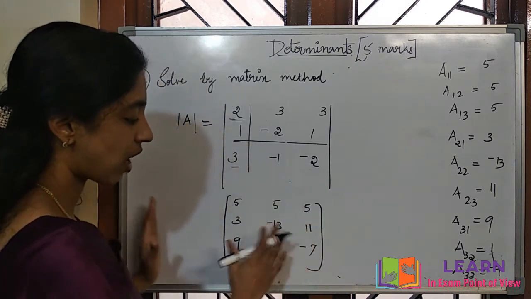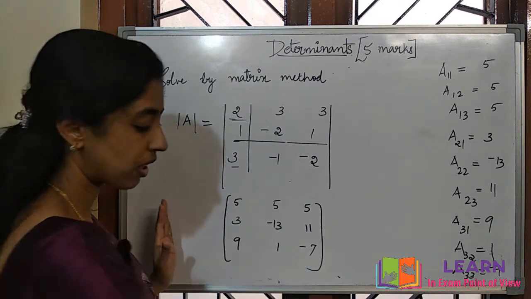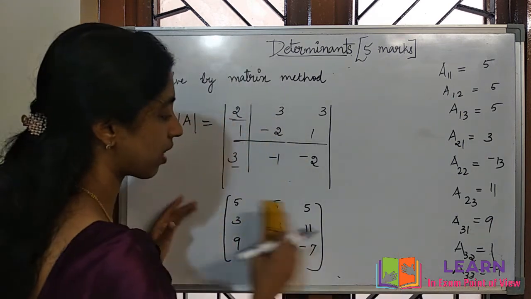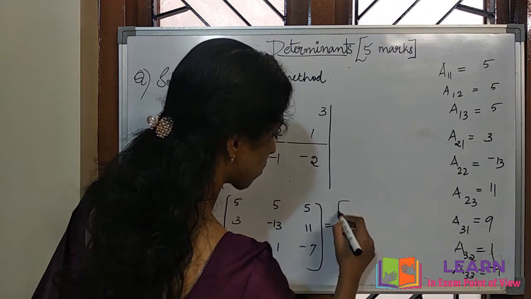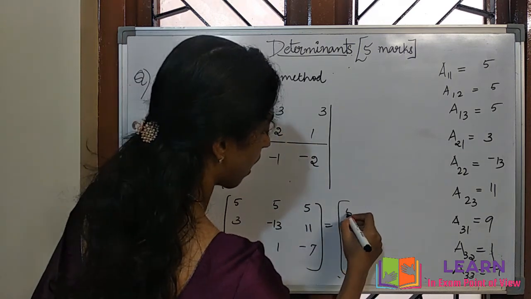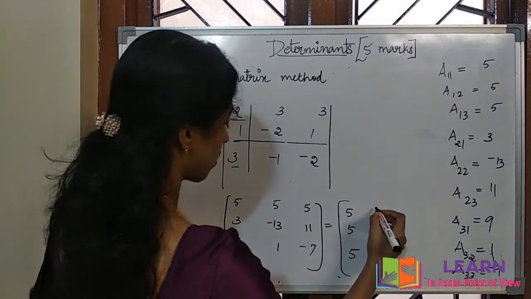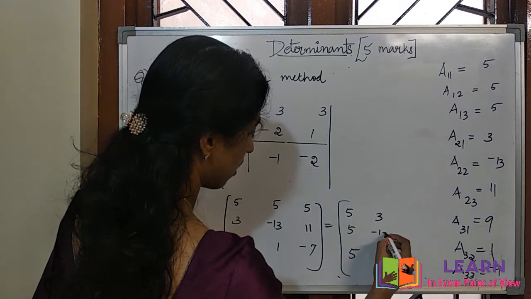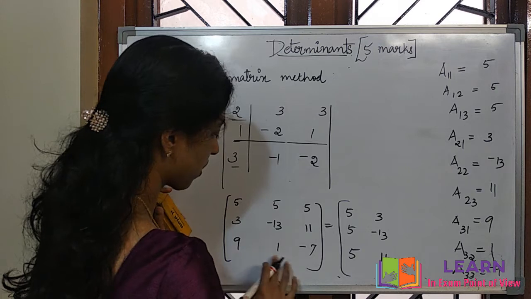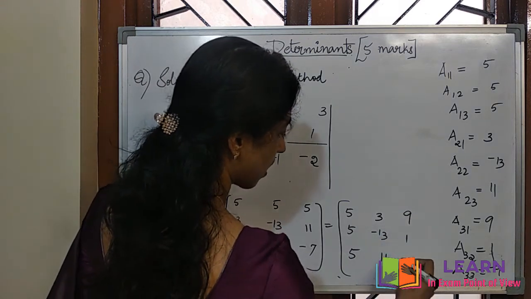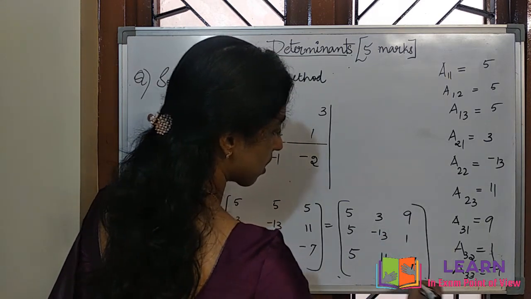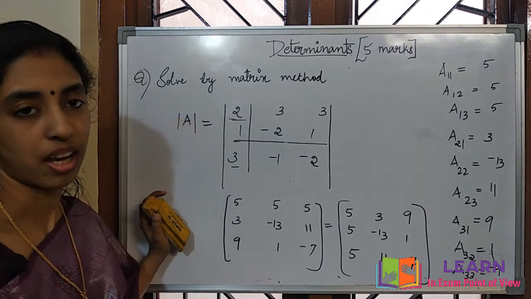So taking the transpose of this matrix, we will get the adjoint of A. On taking the transpose, we write the first row as a column, and this row again as a column. 5, 3, 9, 5, -13, 1, 5, 11, -7. So this is called the adjoint of A.